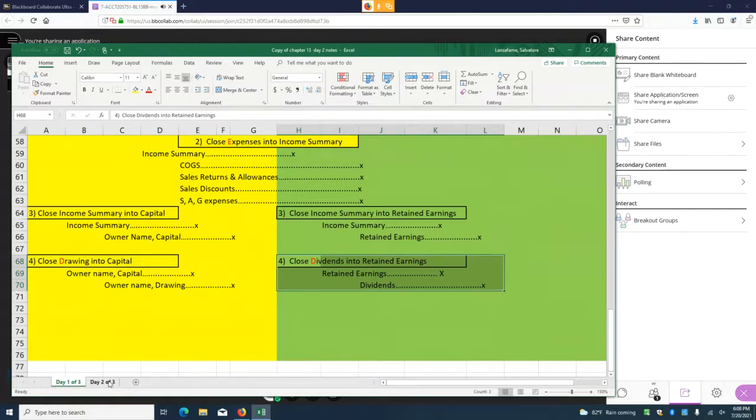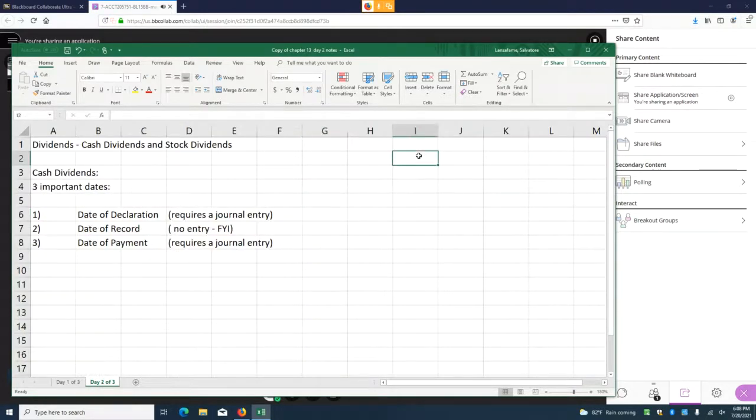So I just want to throw that out, and then I'll show you the differences here. So anyways, keep in mind that dividends declared, or the dividends account, dividend declared, same thing. Keep in mind that this carries a debit balance. So when you close it, you got to credit it.